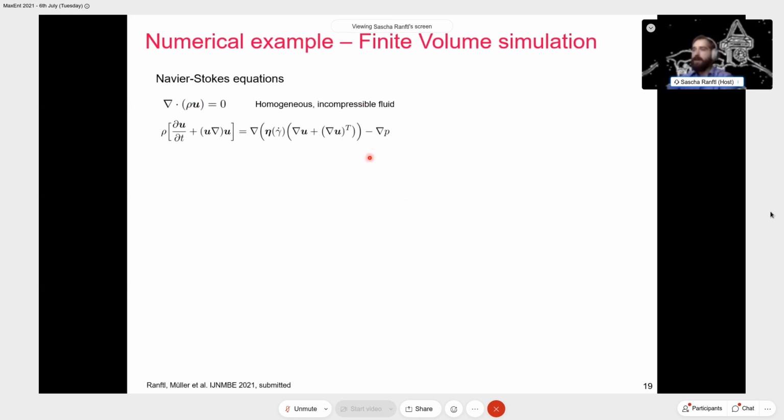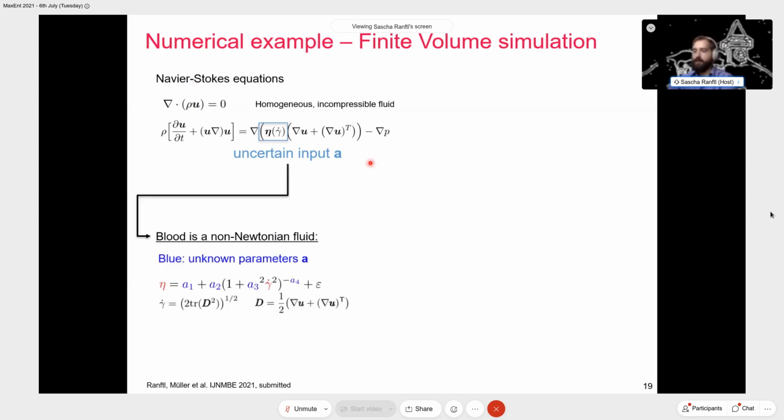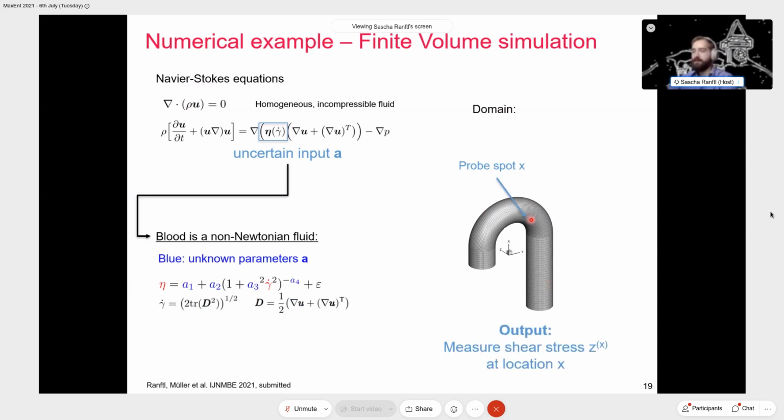Here, eta is the viscosity, and the viscosity eta is parameterized in some uncertain input parameters A, where we have this generalized power law for the non-Newtonian fluid model. We solve these equations on this aorta-like domain, and we measure the wall shear stress at some spot X, for example, here.